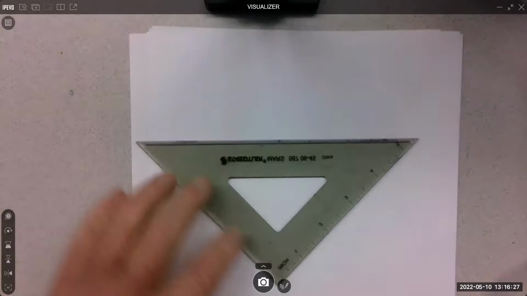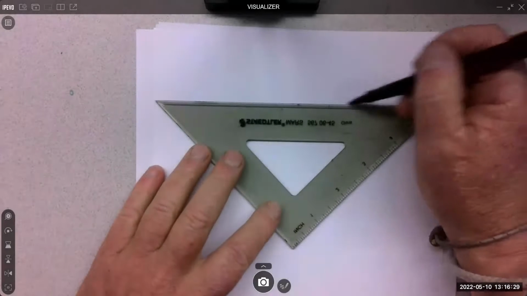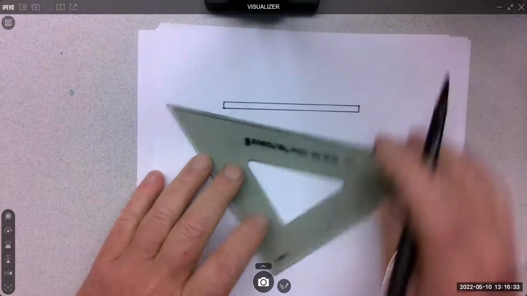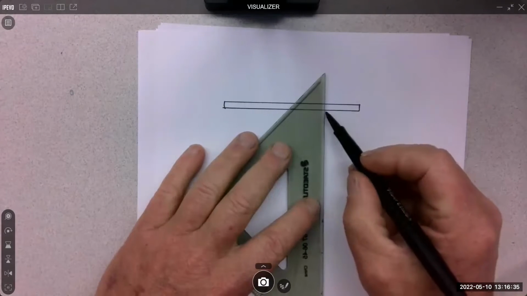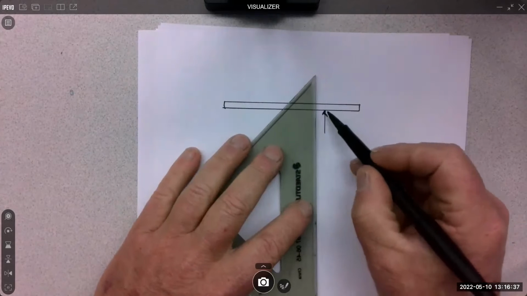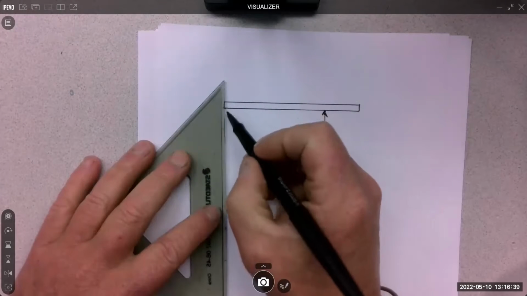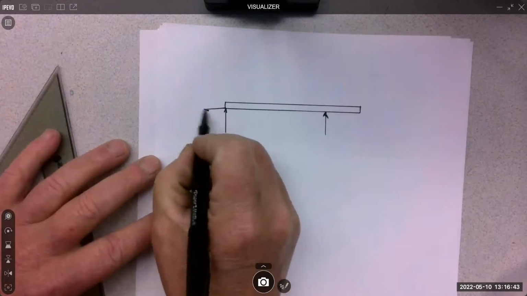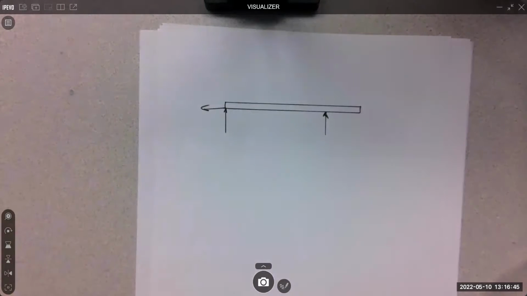So just a simple one, making this totally up, so don't try and look it up anywhere. We'll say it had a roller there, and we'll say it had a pin here. And I'll put in the X just because that's good symbology.